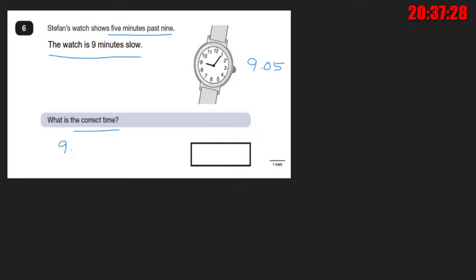You need to add 9:05 plus 9 minutes. The correct answer is 9:14. If they ask you to write that in words, you need to say 14 past 9.